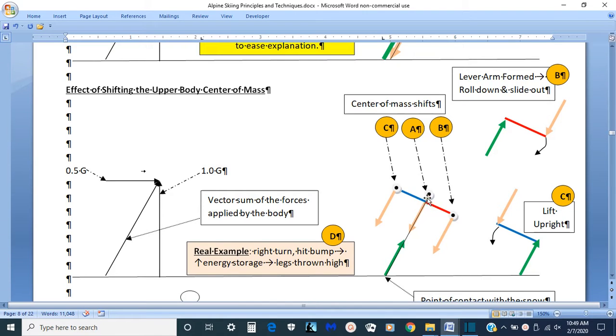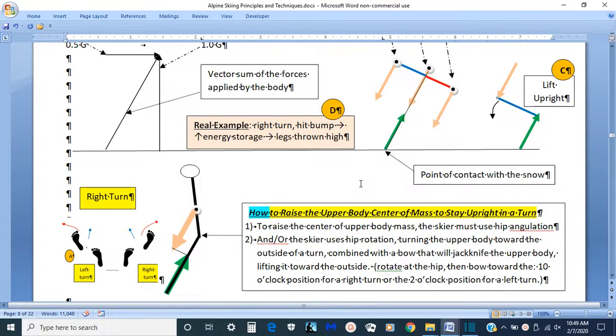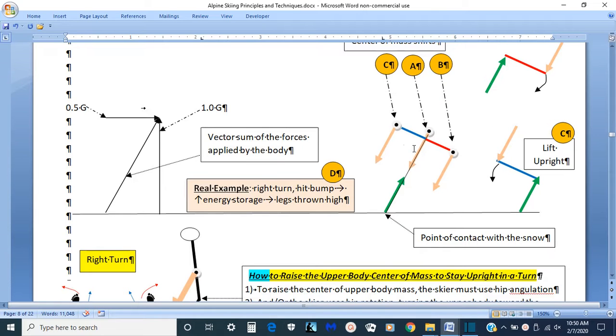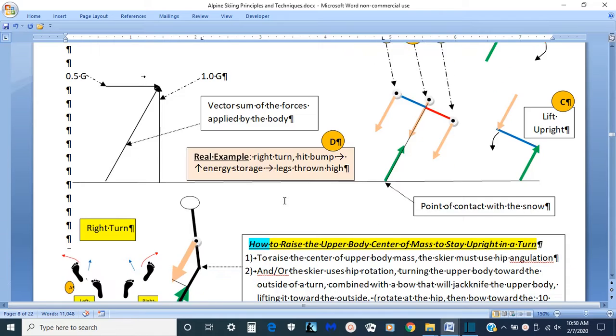And realistically, what's going to happen is it's going to want to pull you up onto your outside ski, which is the ski you want to make sure you maintain contact with the snow. All right, so that's the idea. You always want to raise your center of mass above the ground force vector here, you know, the snow force vector, you might want to say, that's applying force on your body.